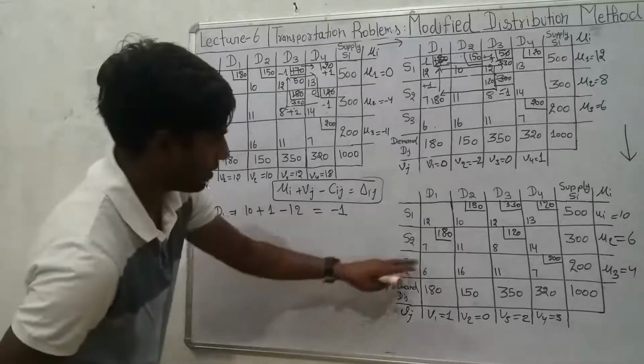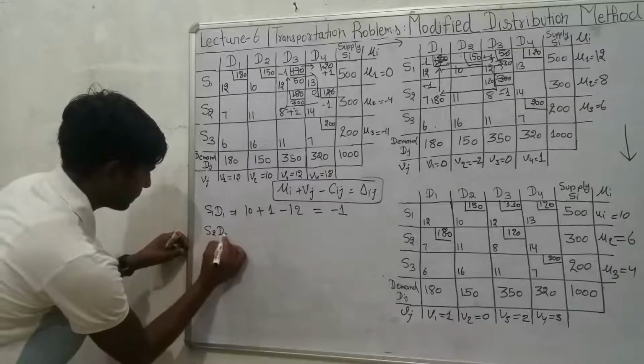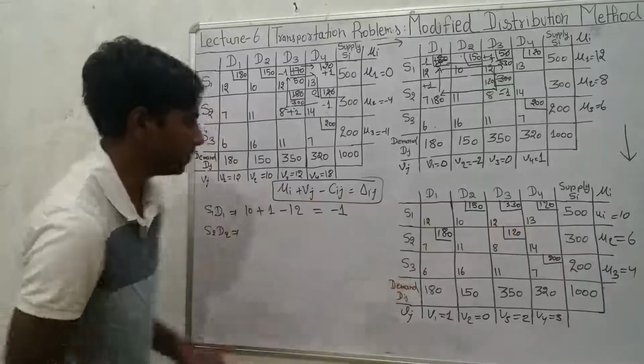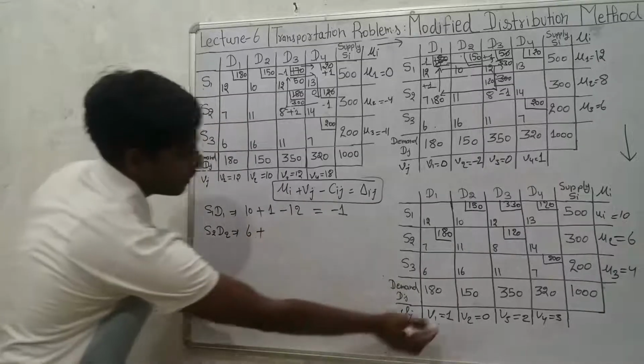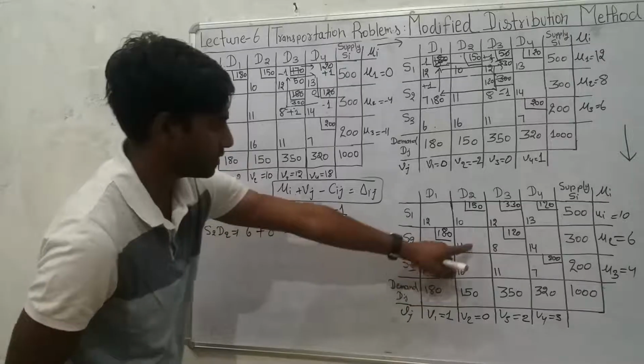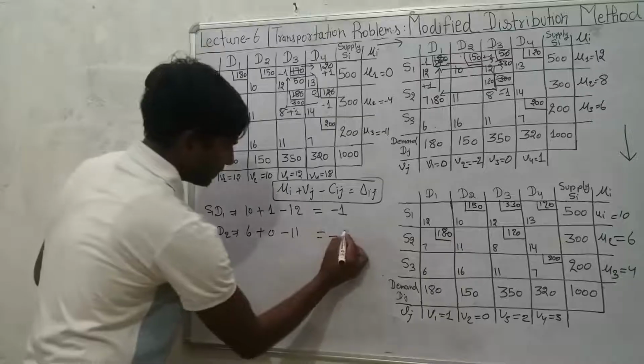For the next unallocated cell, S2D2, the value of U2 is 6. For V2, it is 0, minus the cost per unit 11. That is 6 plus 0 minus 11, minus 5.